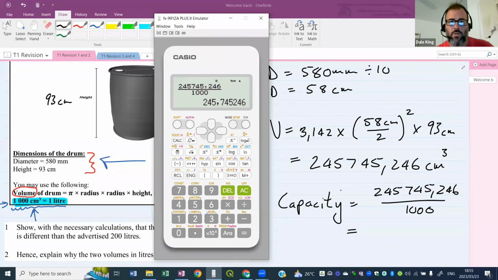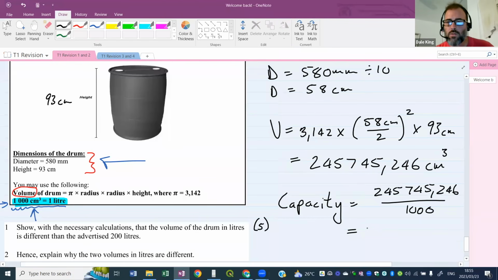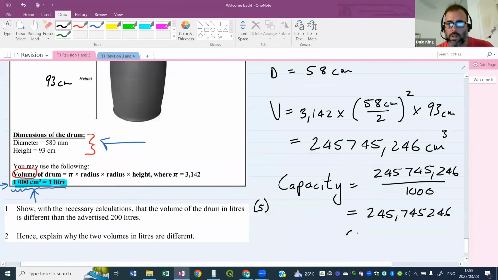That gives me 245,745,245. And at this point, I will round off. Looking at the second decimal, which is a four, has it changed? Yes, it has. So 245,755 liters. All right, liters.